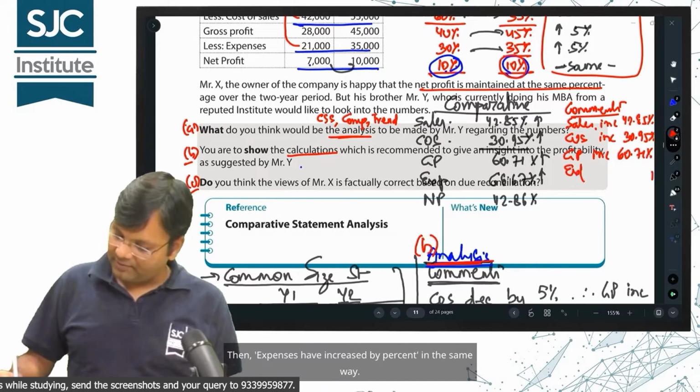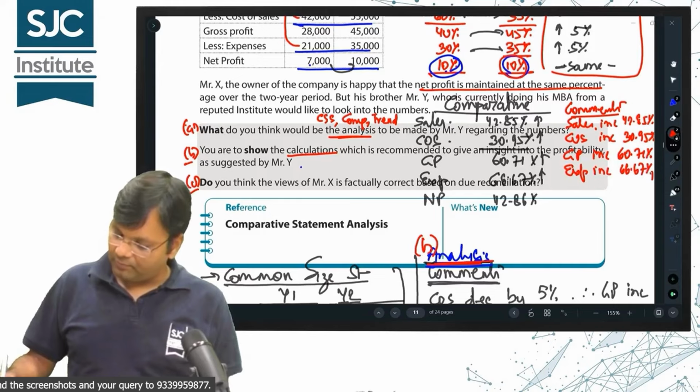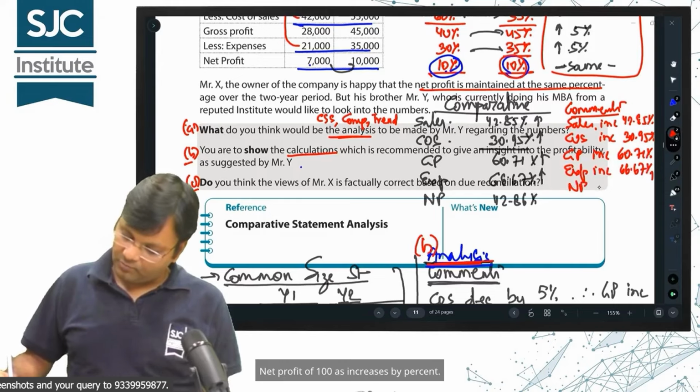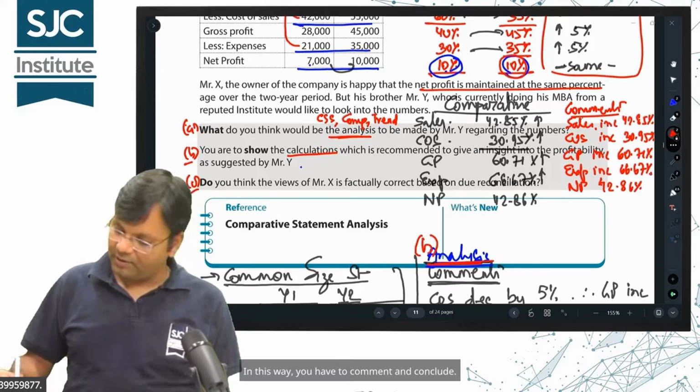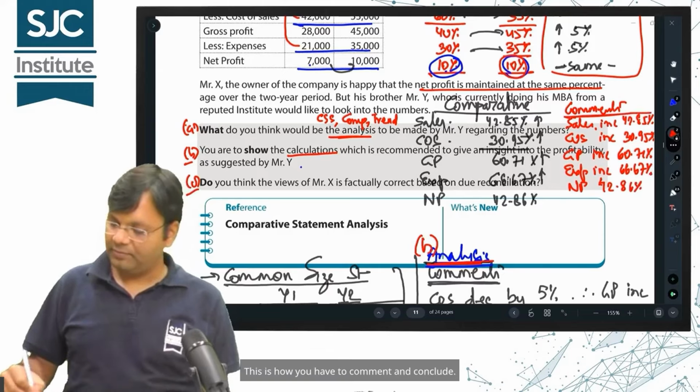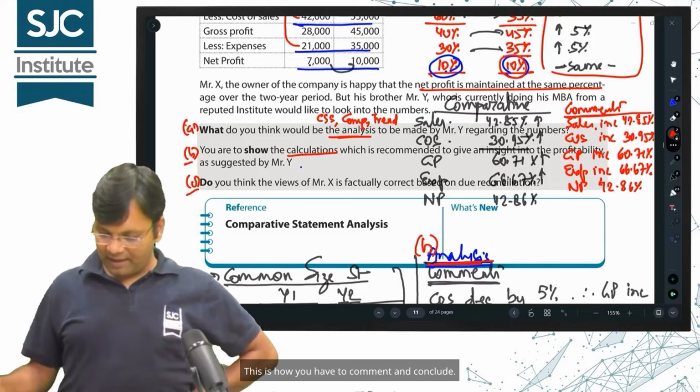Then, expenses have increased by a percent in the same way. Net profit has increased by a percent. In this way, you have to comment and conclude. This is how you have to comment and conclude.